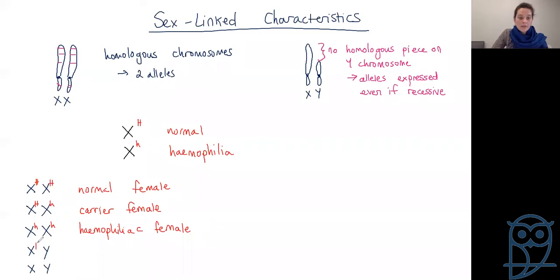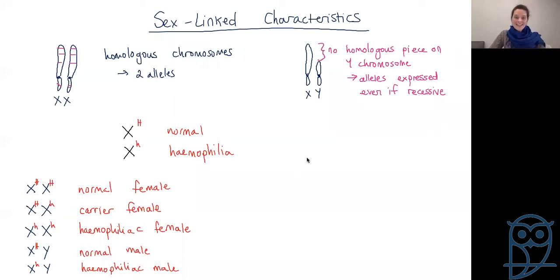So we could have X with a capital H being a normal male, or X with a little h being a hemophiliac male. So there's nothing to sort of counteract that. We can't have the heterozygous if we have a male because the Y chromosome doesn't carry this gene.